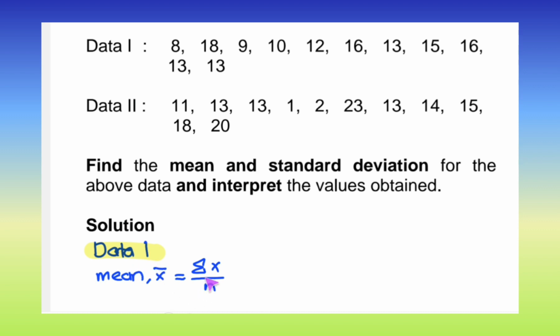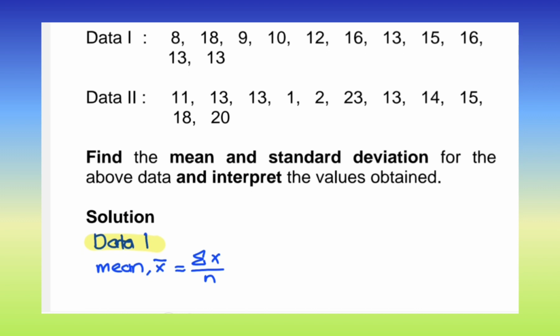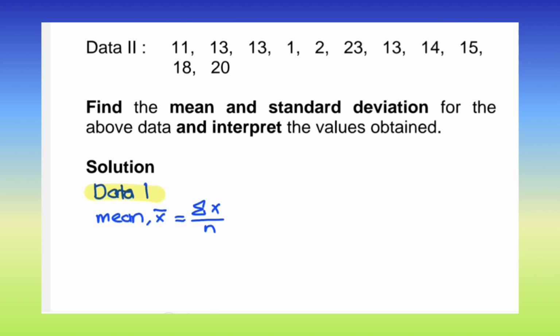To find mean, the formula is summation of x over n. So we need to add up all the values of x and find the total. We have 143 over 11, so the mean is 13.